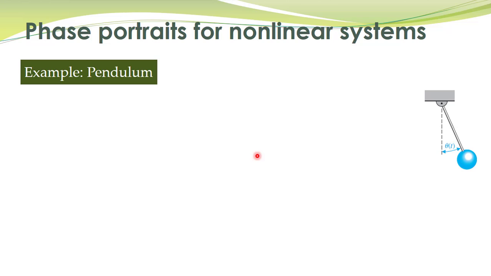So now you are able to describe the qualitative behavior of systems by looking at their phase portraits. At least for linear systems, we can extend that knowledge to nonlinear systems as well. So let's describe the qualitative behavior of this pendulum using phase portraits.